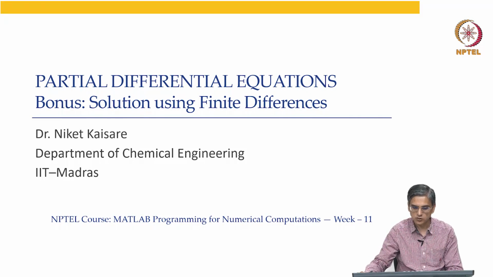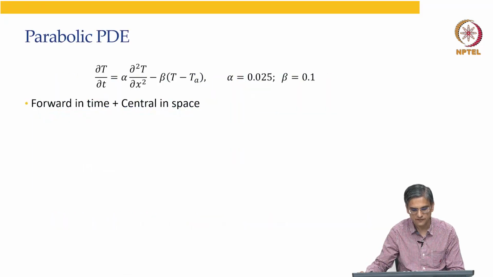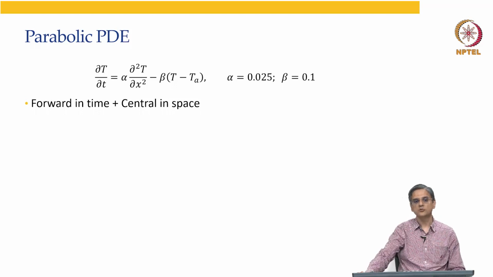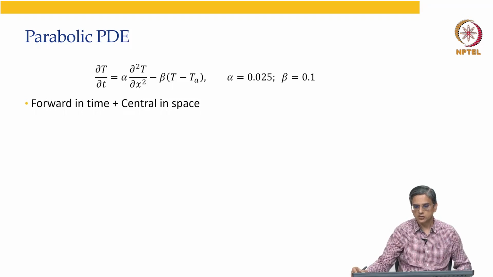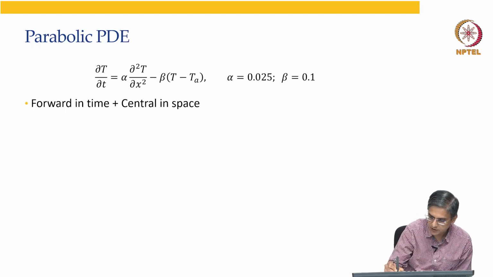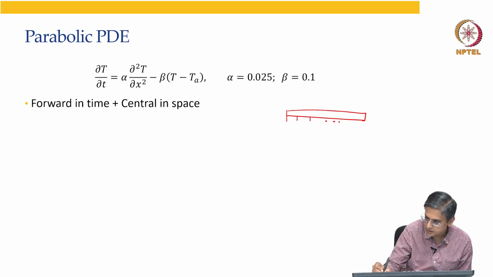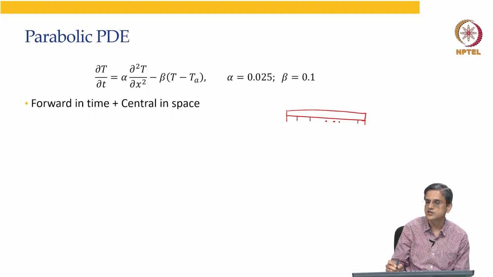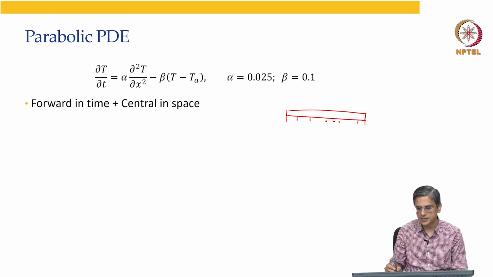So, without further ado, let us talk about solution using finite difference. Let us talk about parabolic PDEs. So, parabolic PDEs, what did we say? Let us say we have this rod and we are going to divide this rod into n intervals.